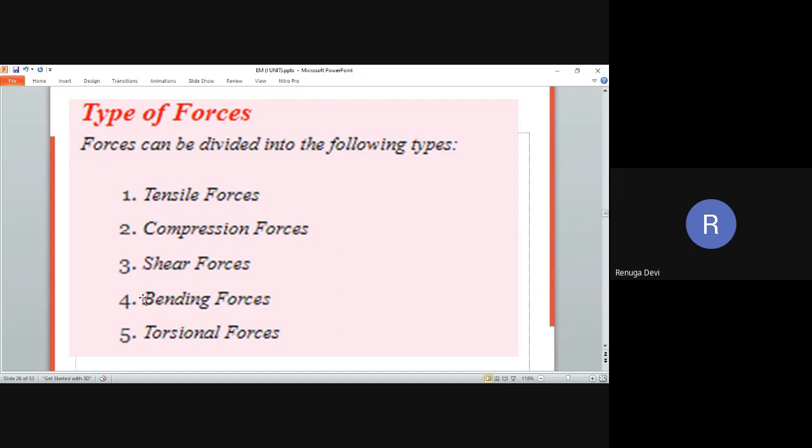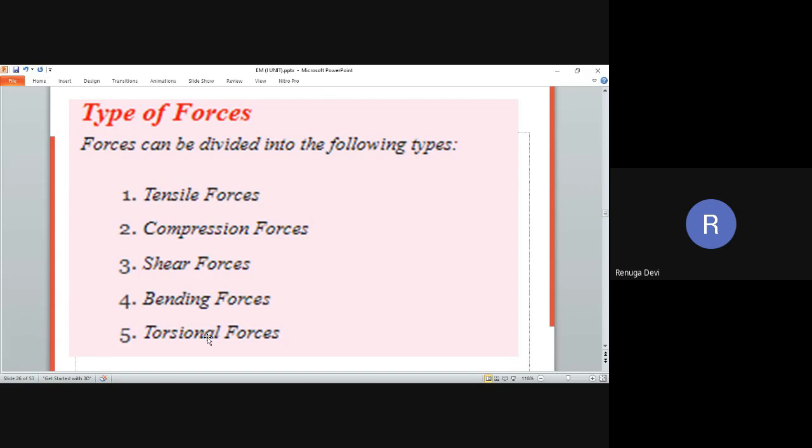And the bending force is especially in beams. While applying the forces on beams, one side takes the expansion, another side takes the compression, both together. So tensile and compressive both take place together in bending. And torsional is especially in circular objects, especially in shafts. Whenever you apply the force, deformation takes place.